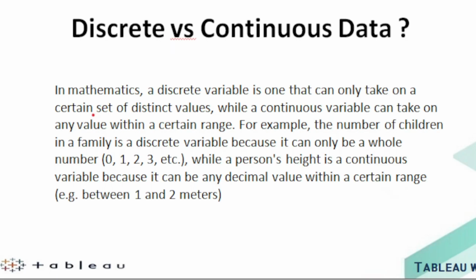Let's understand what is discrete and what is continuous. In mathematical terms, discrete means definite integer numbers like 1, 2, 3, 4, 5, 6, and discrete can't be a fraction like 1.2, 2.4. For example, cars, men, homes, we can only count them.